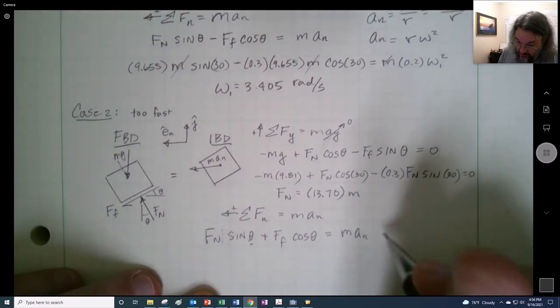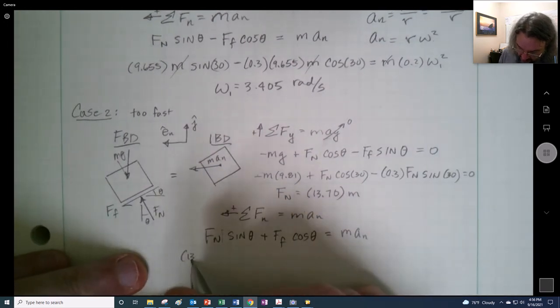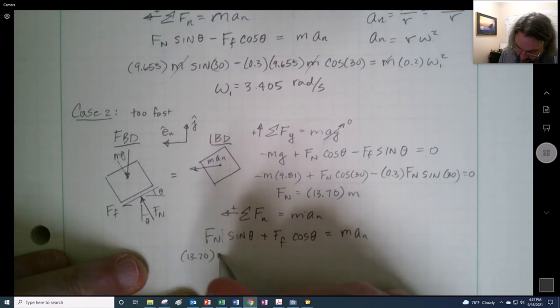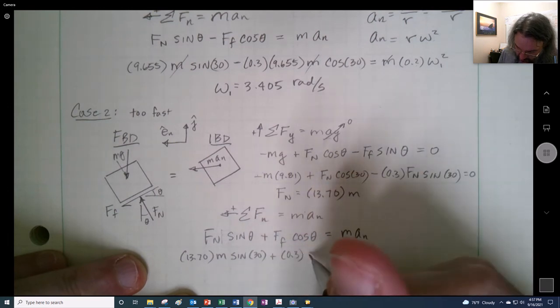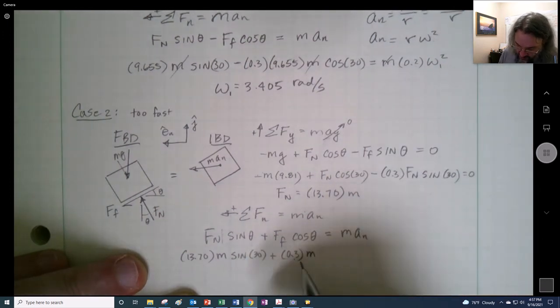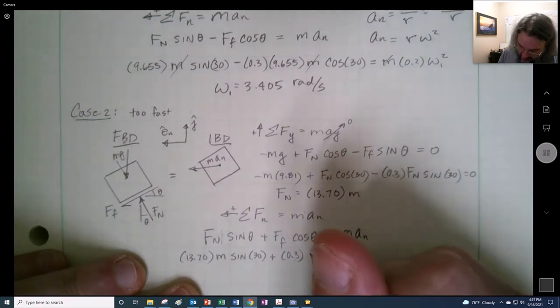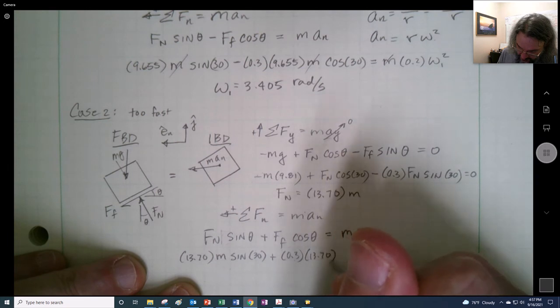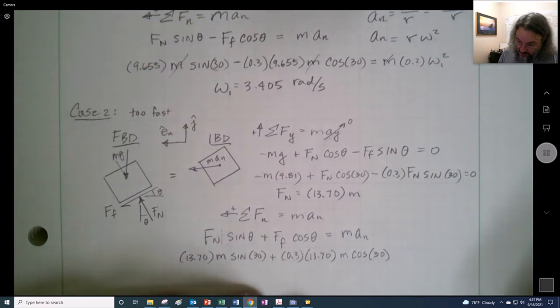So we'll have 13.70 m sine of 30 degrees plus 0.3 times 13.70 m cosine of 30 degrees, replacing that Ff with 0.3 times Fn.